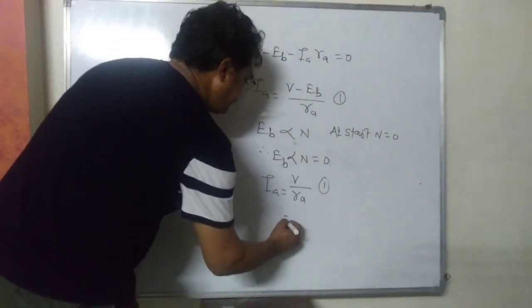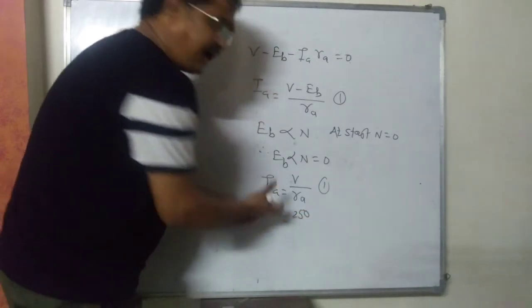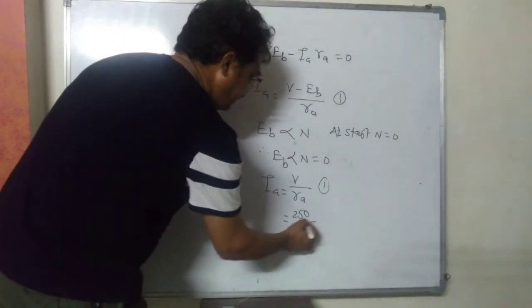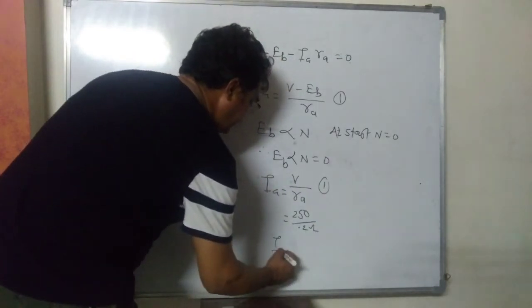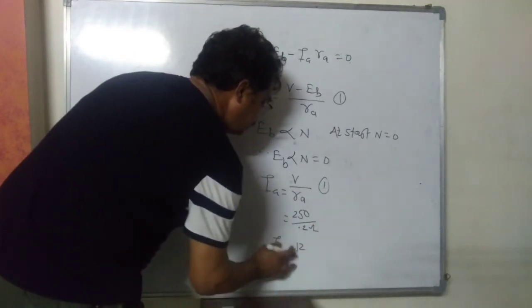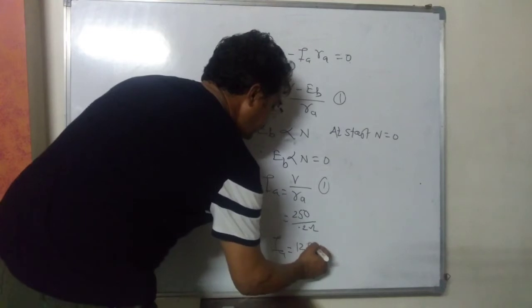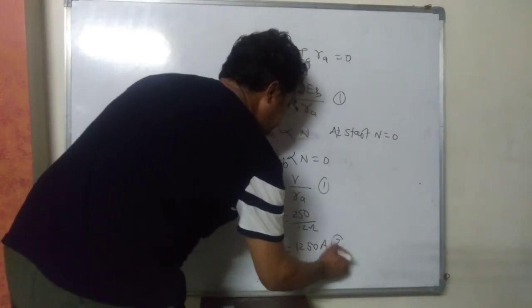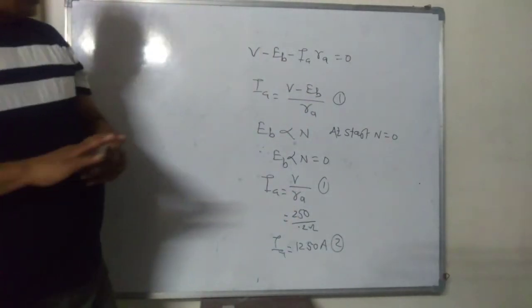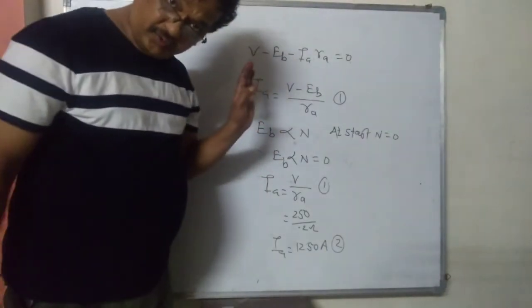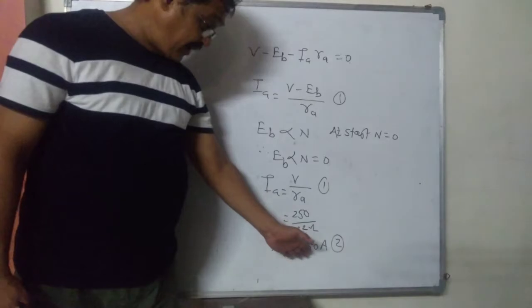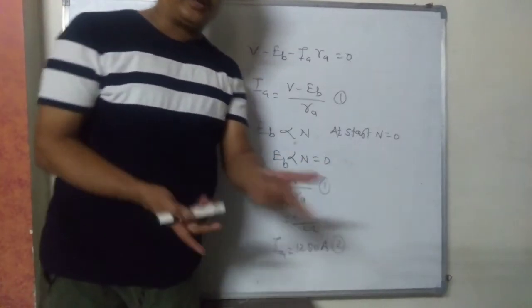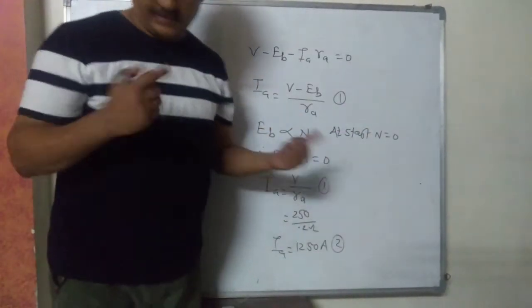Suppose V is 250 volts and RA, the armature resistance, is negligibly small, suppose 0.2 ohms. Then IA will be 1250 ampere. At the start, speed is 0, so armature current will be this high.